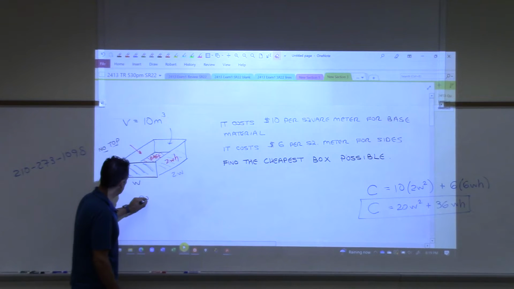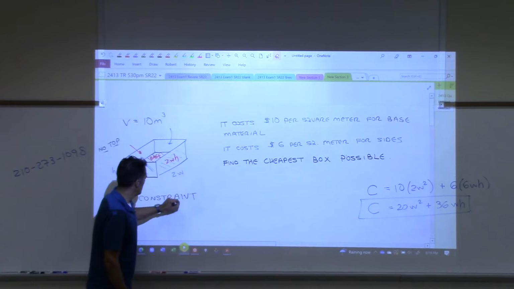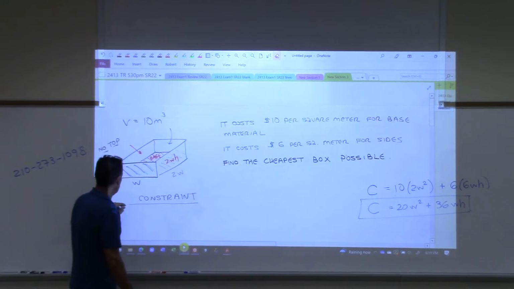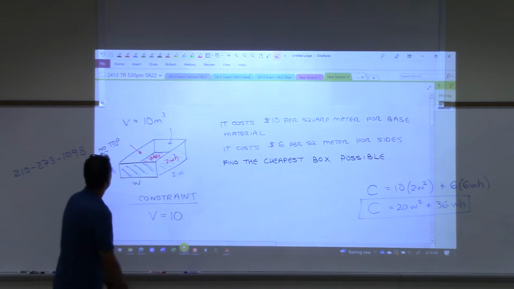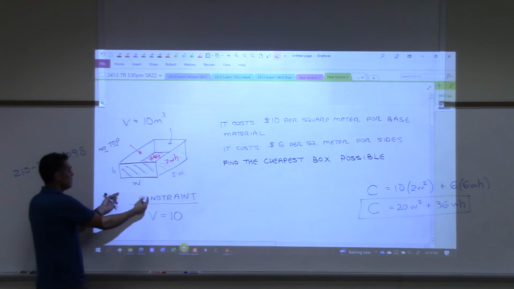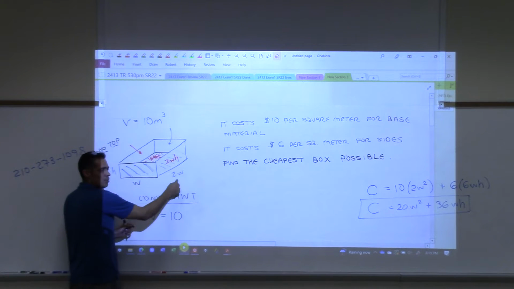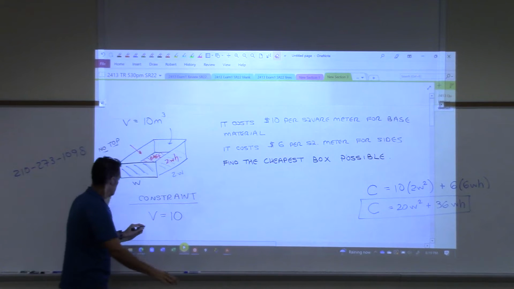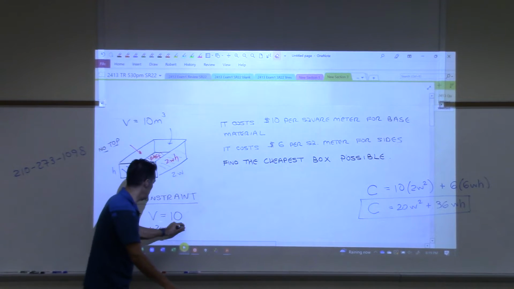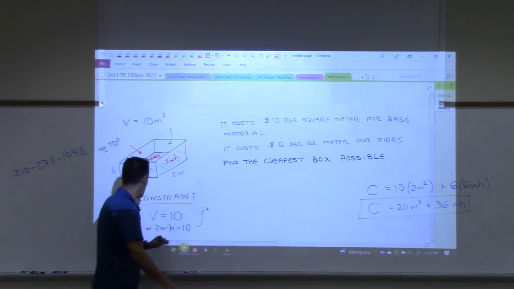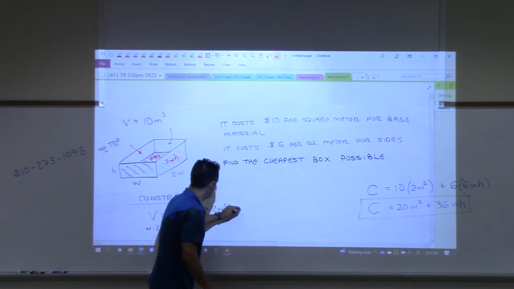The constraint is that my volume must be 10, right? But the volume of this box is length times width times height, right? So W times 2W times H must be 10, which means that 2W squared H must be 10.